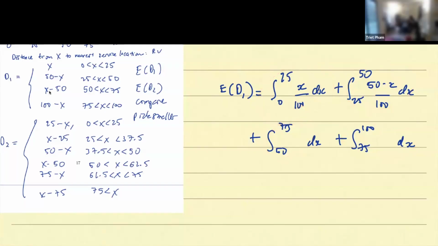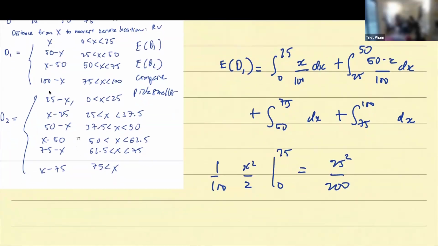Okay, so let's demonstrate that at least. For example, let's demonstrate the first 2 are equal, and then you can trust they're all the same. The first is x squared over 2, and then 1 over 100, from 0 to 25. So it's really 25 squared over 200, whatever that is. This one is minus (50 minus x) squared over 200, plugging in 25 to 50.